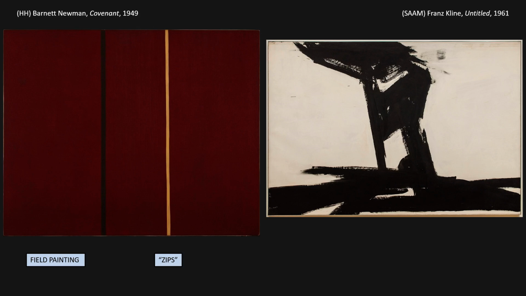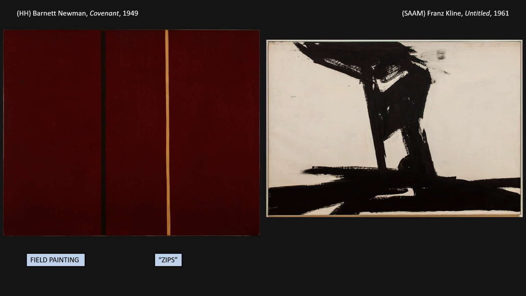In explaining his pictures, he said the zips were a passageway through the canvas. That they were a way to move past the surface of the canvas into something else. Right? And that something else was the spiritual realm.